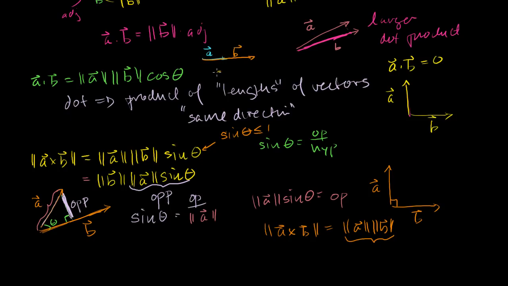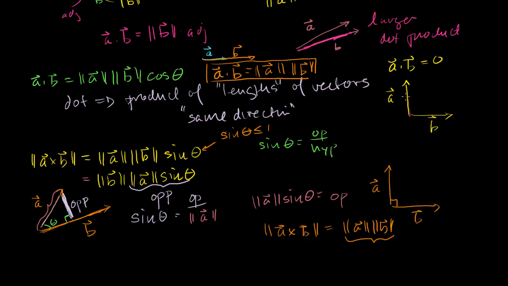And then A dot B is equal to the length of vector A times the length of vector B times the cosine of the angle between them. The angle is 0, so the cosine of that is 1. So when you have two vectors that go exactly in the same direction, or are collinear, you maximize your dot product. You maximize your cross product when they're perfectly perpendicular to each other.